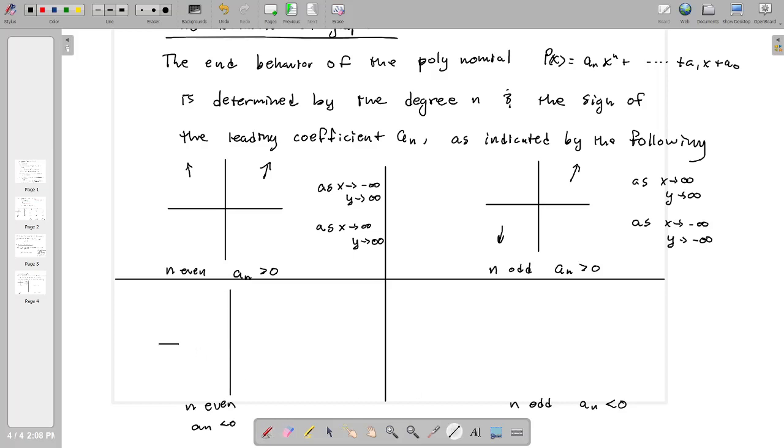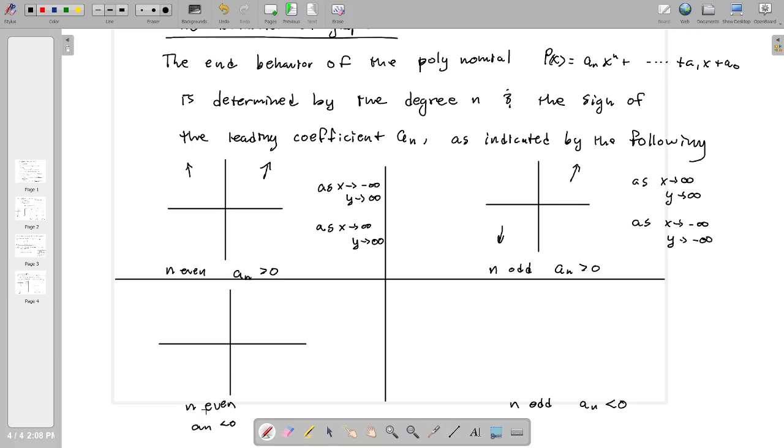Now down here on these bottom two graphs, we have a negative a sub n. That means that we're changing the signs of all of our x terms. We're changing the sign of the result upon plugging an x in. So if we have an even degree, and x is going to infinity, we would have a positive number being multiplied by itself an even number of times.